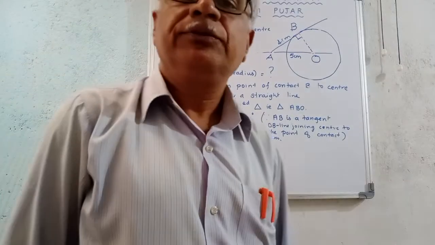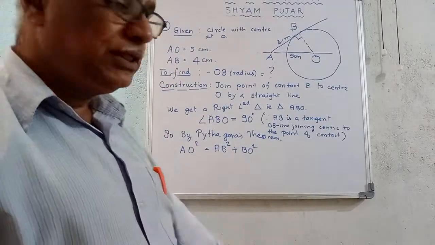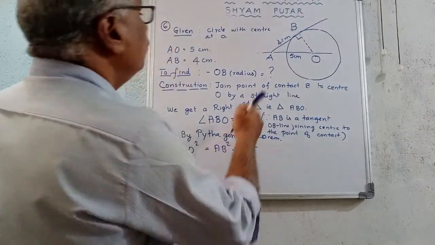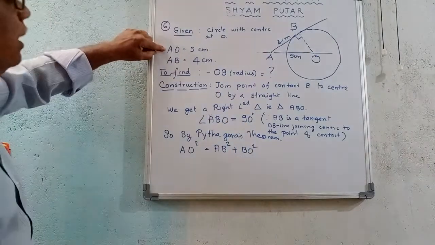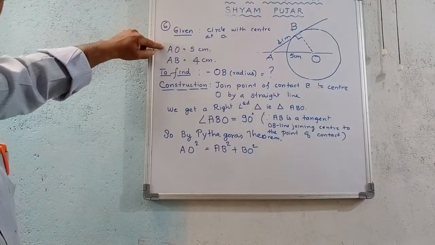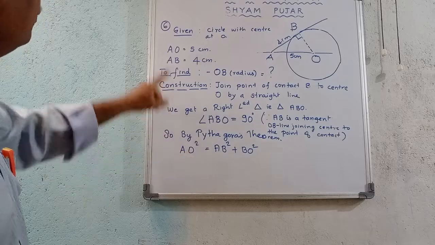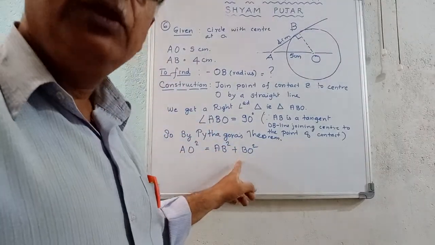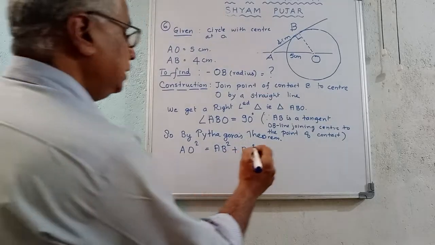AO square is equal to AB square plus BO square. Then, what are the things we know? Go back. Given, they have given us AO, they have given us AB. Can we find out BO? Yes, very easy.